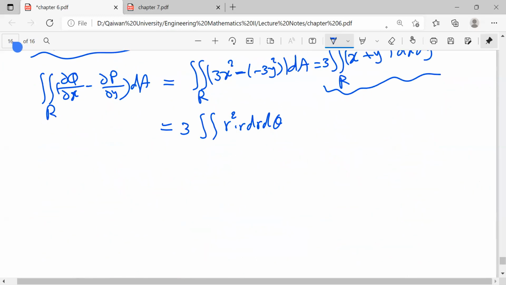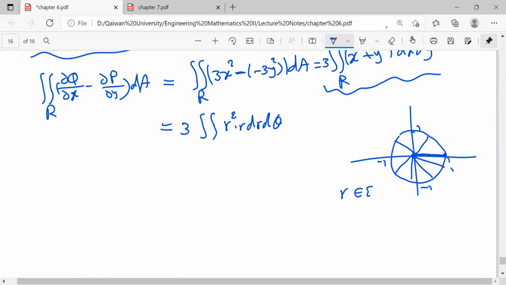Let's draw the unit circle. It's 1, 1, and -1, -1. Here, r is the radius of the circle. It's from 0 to 1. Look, the radius here, here, here, here, it's all 1. The length of the radius is 1. So r belongs to 0 to 1. How about theta?